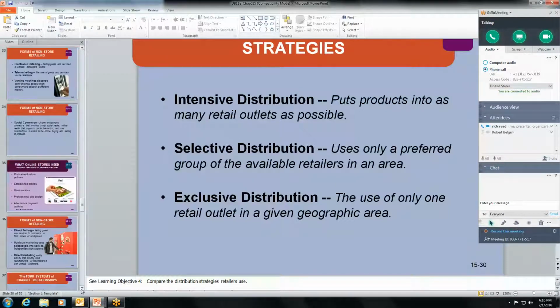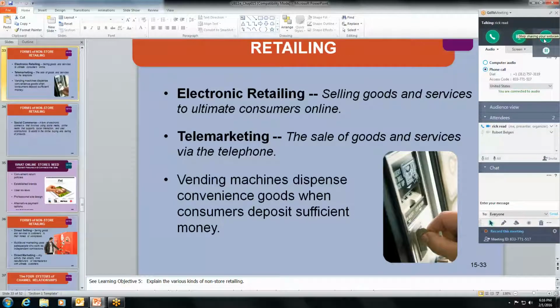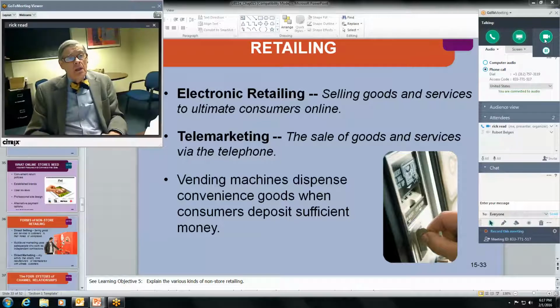Now we have a thing that's come along today, probably a little bit more so than what we've seen in the past, and that is non-store retailing. Now we have electronic retailing. We know what that is. Telemarketing, we know what that is.